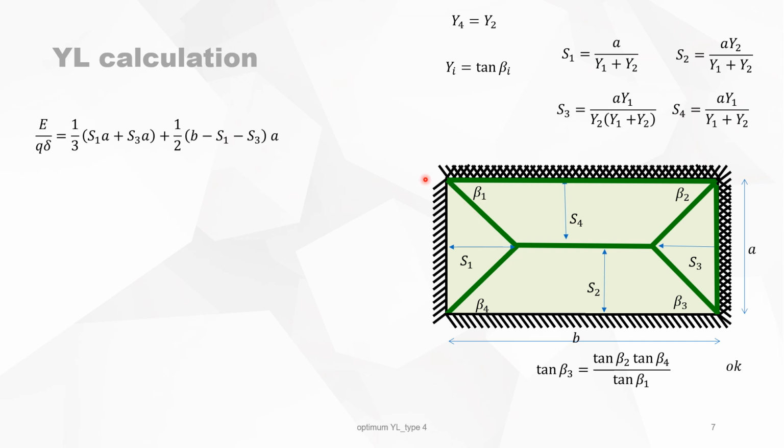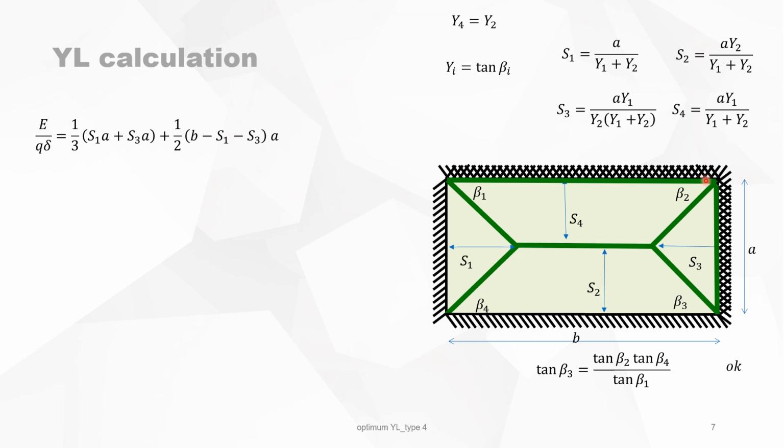Now we can calculate the work done by the external forces, divided by the external load, divided by the unity of displacement. We look at this portion of the slab, which consists of 4 triangles. So the total load is S1 times A, and the mean deflection is then delta over 3.